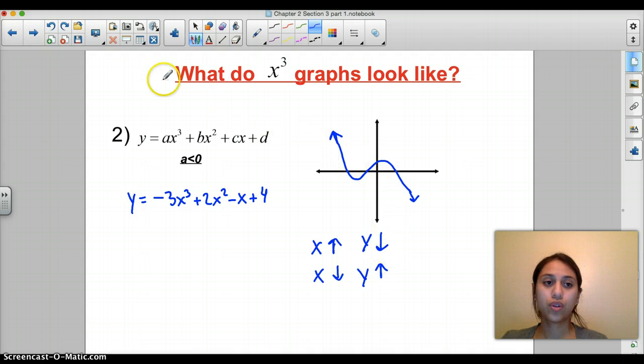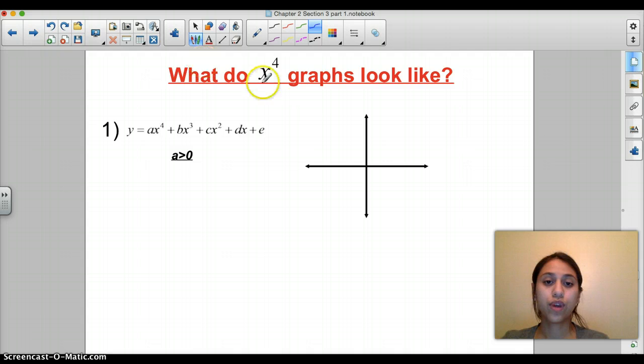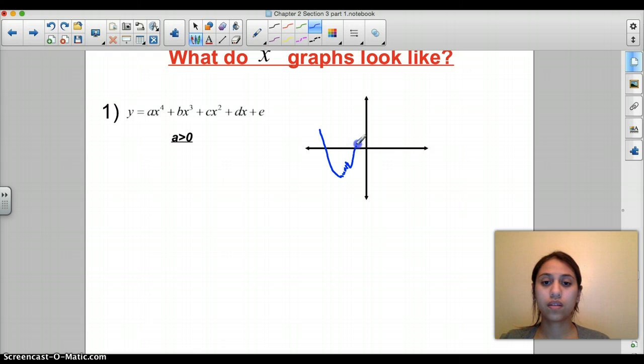Okay, so let's go ahead and look at the graph of x to the 4th. Again, if we have something like this as a polynomial function and a is greater than 0, this would give us a graph like a W. Something like this.